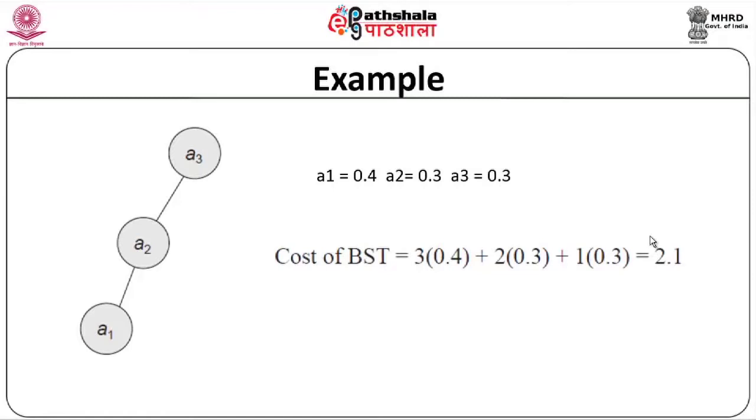A2 occurs in level 2, so it is 2 into 0.3, and A1 occurs in level 3, therefore it is 3 into 0.4. Put together, the cost of this particular tree is going to be 2.1.